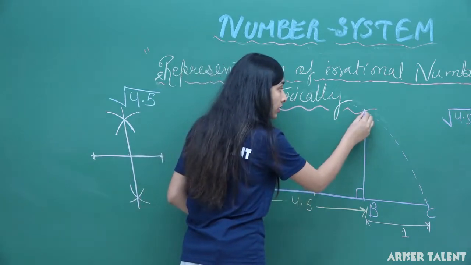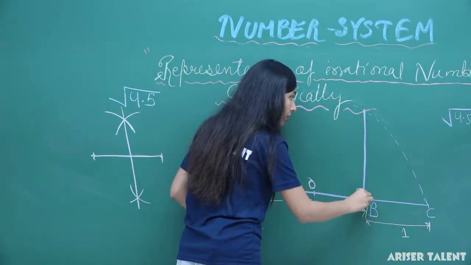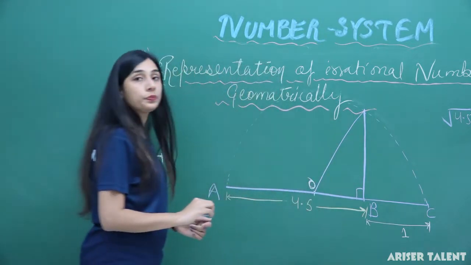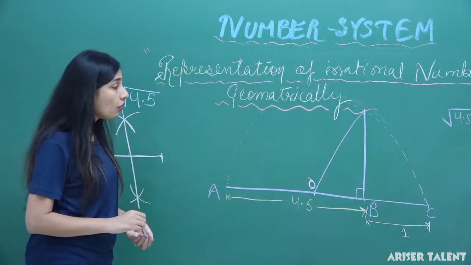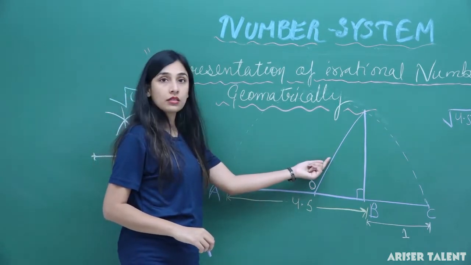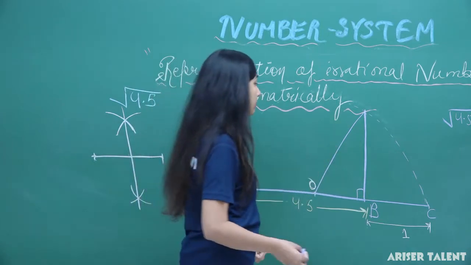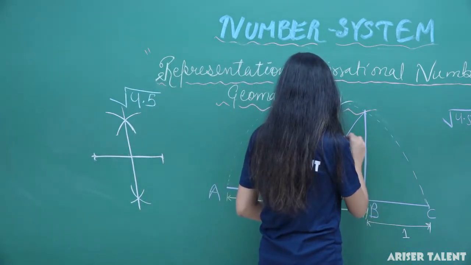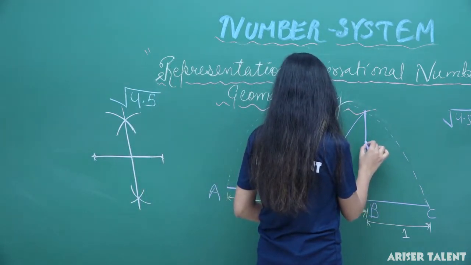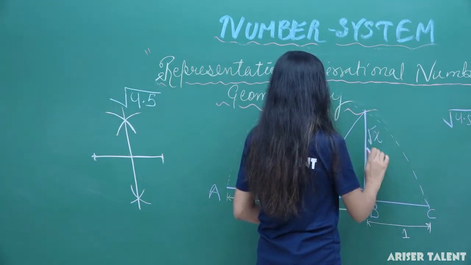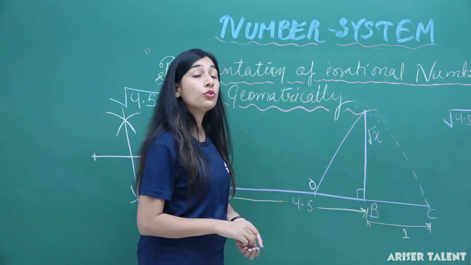Now you can meet this to O. Now this length is basically your length root x, or what you call root 4.5.